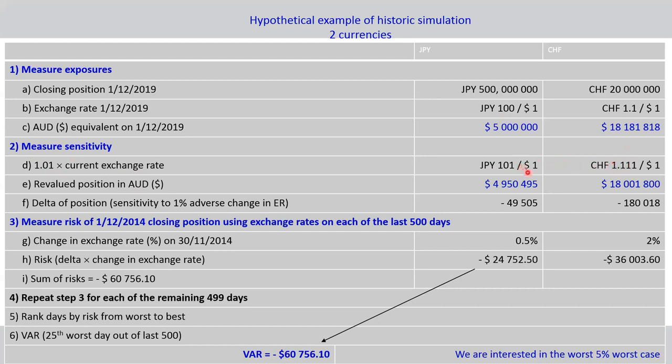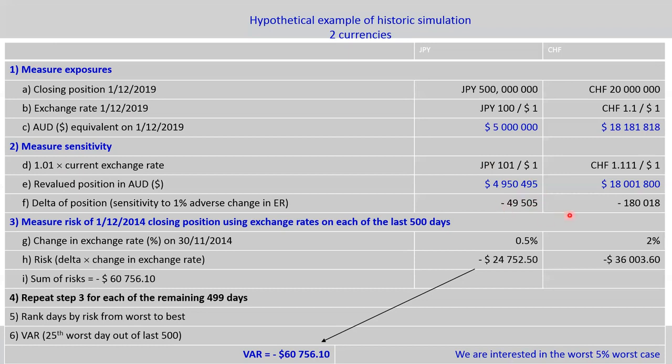When that increase of 1% happens, the Japanese yen is depreciating, this is the risk, and the Swiss franc is depreciating, which means my holding has dropped from 5 million to 4,950,000, and here from 18,181 to 18,001. Now, this difference, because of this adverse change of 1%, is 49,505, and this is 180. So this is actually the delta of a 1% change.